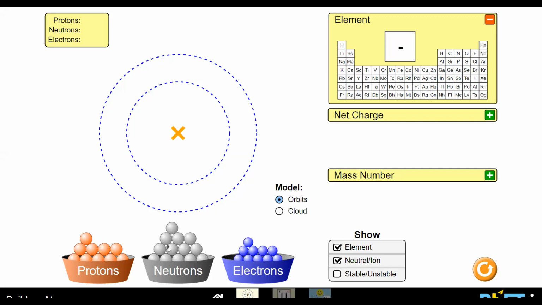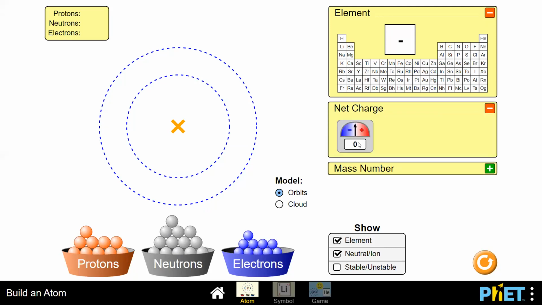What we can do is try building our own atoms by adding protons, neutrons, and electrons. Now, this drop-down allows us to see the net charge on the atom, whether it is neutral, negatively charged, or positively charged. This drop-down allows us to see the mass number.